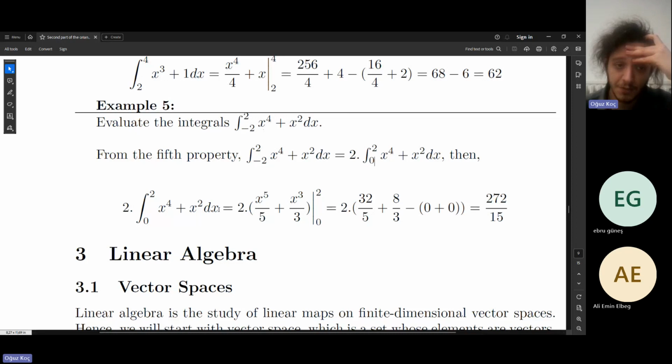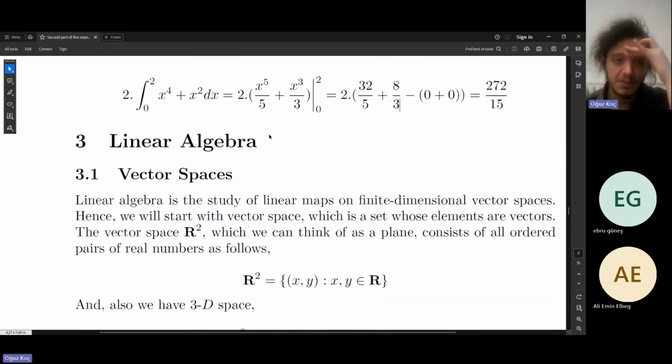Since they are even, we change the limits and double the integral. For 2, we get these values, and for 0, we get 0. It makes our calculations easier, and then we just sum them up, multiply by 2, and we get 272 over 15 here.